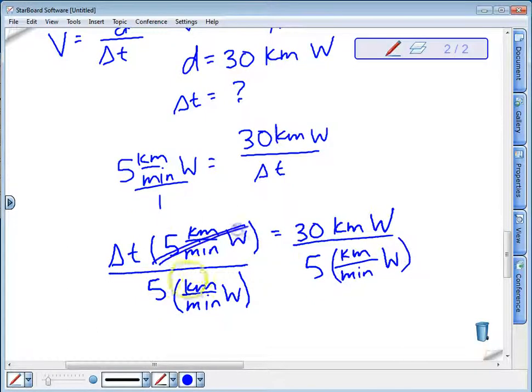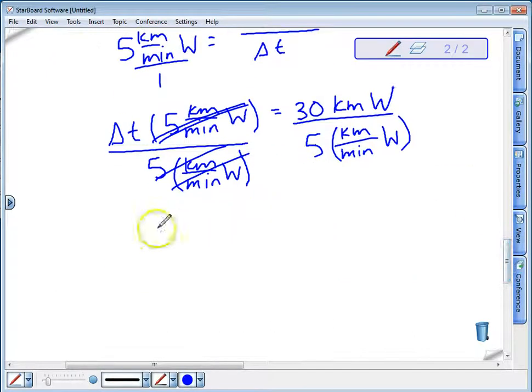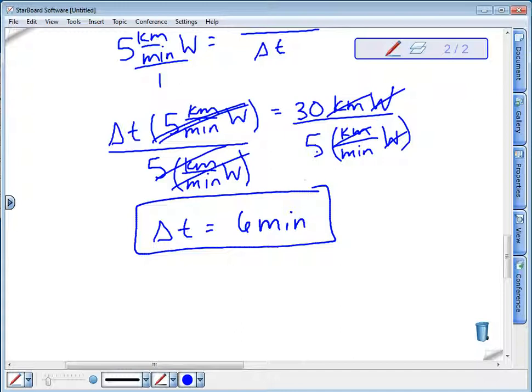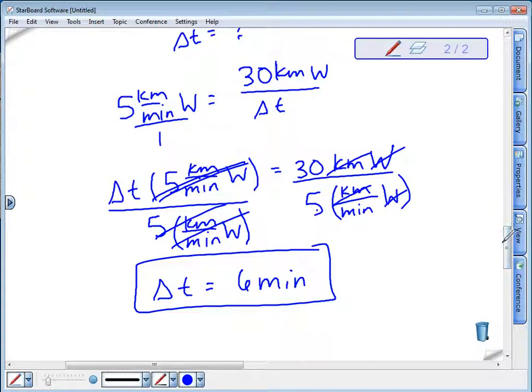Right, so I can cancel this out and just be left with time over here. So my change in time is going to be 30 divided by 5, which is 6. My kilometers west cancels. I'm left with 6 minutes. That's how long it took me to go those 30 kilometers if I was going at a velocity of 5 kilometers per minute.